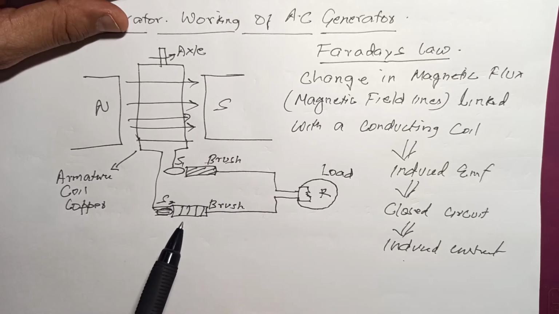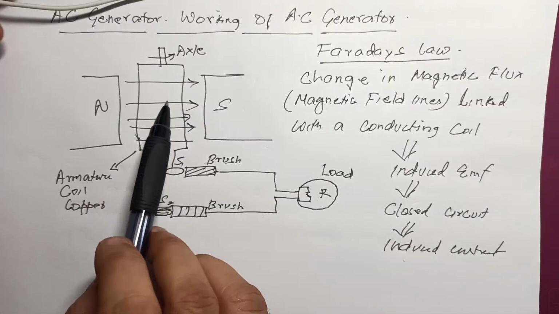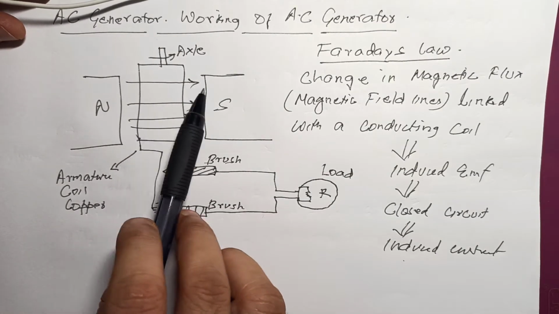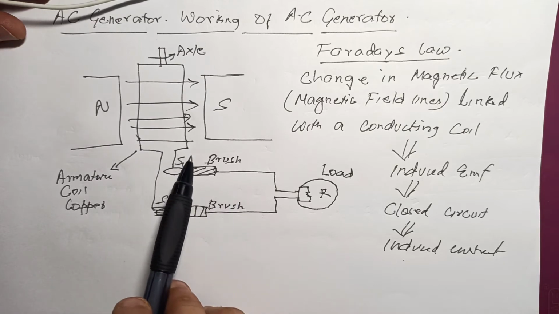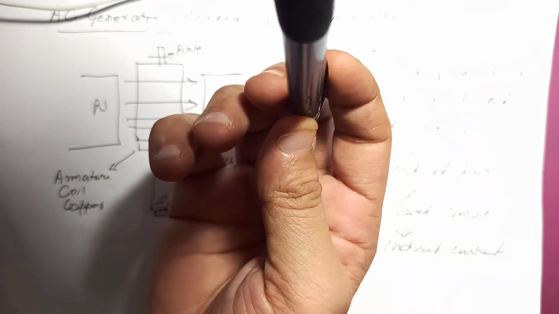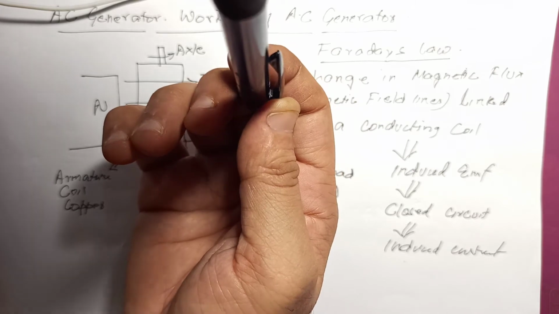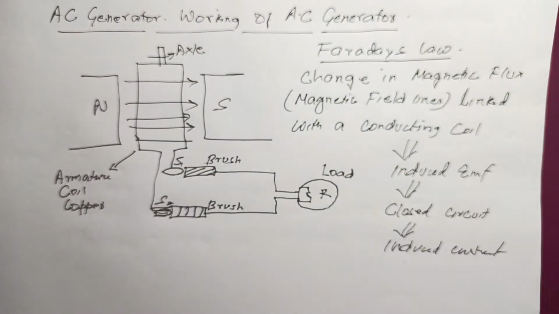Similarly here, now when it rotates, for half of the cycle the current is produced in one direction. And when it crosses half, the direction of the current becomes opposite. So as a result, an alternating current is produced.